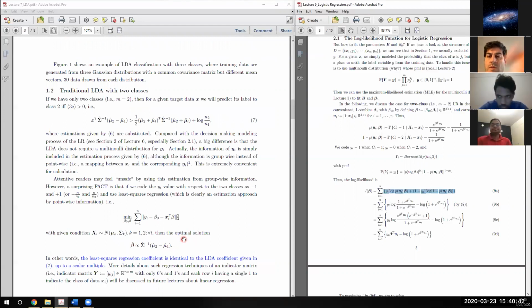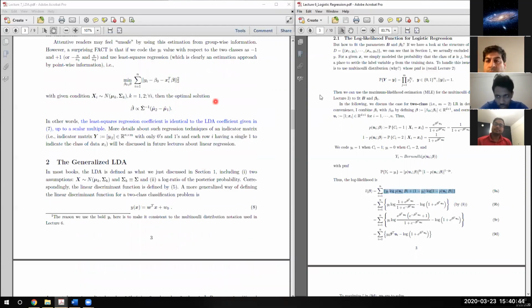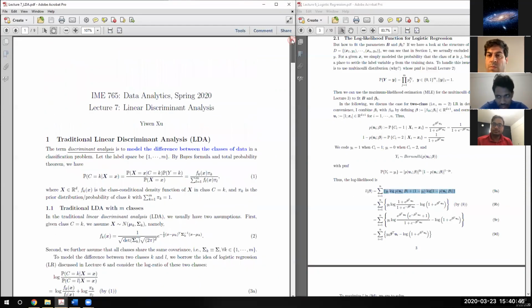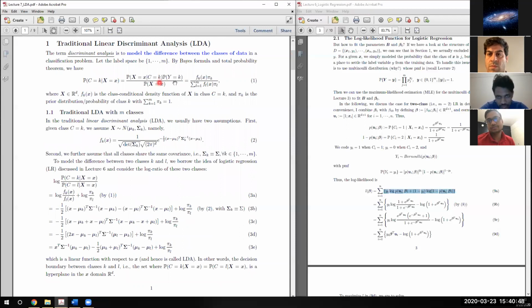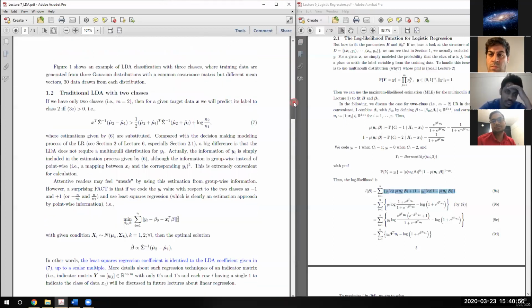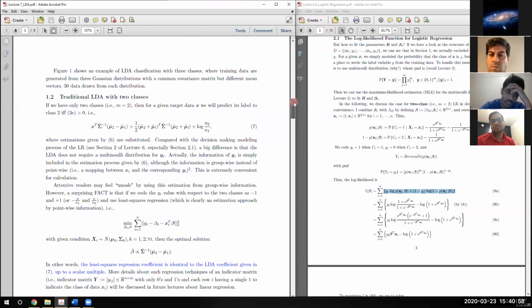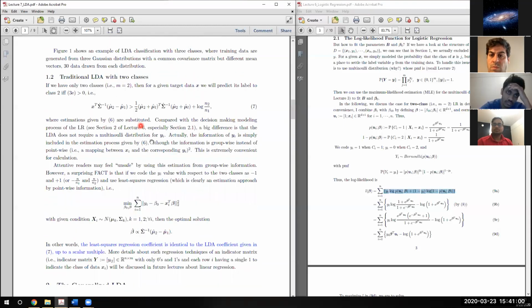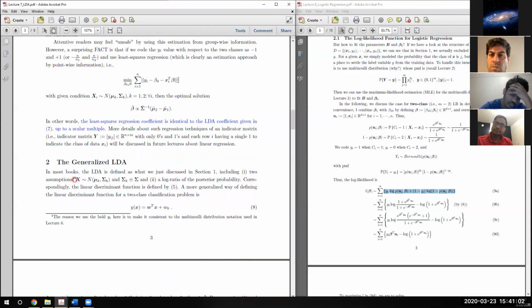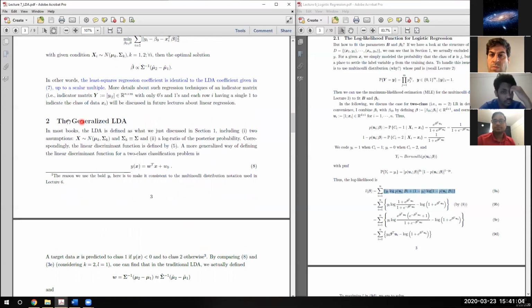Okay, good. Now, the reason I call it a traditional LDA is that many textbooks immediately define this one as LDA without any hesitation. The problem is that in some other books, for example the pattern recognition book, they have a more generalized case, which I name generalized LDA.